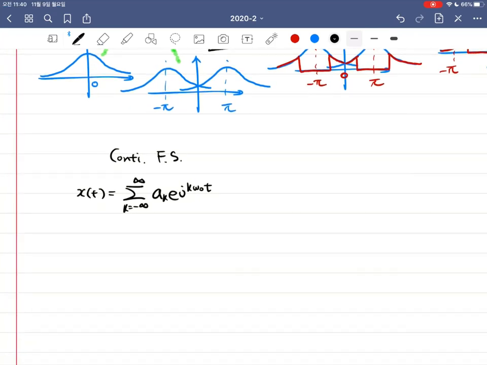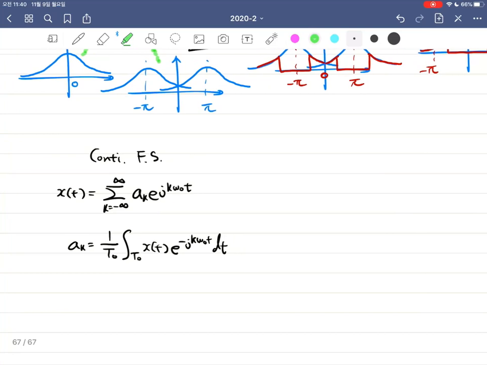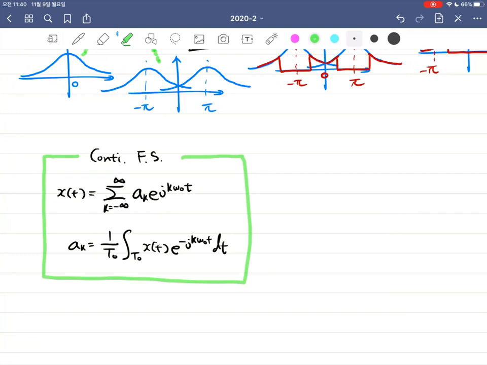And that a_k can be obtained by 1 over T_0 integration over one period of x(t) e^(-j k omega_0 t) dt, like this. So this is the equation for the continuous time Fourier series.